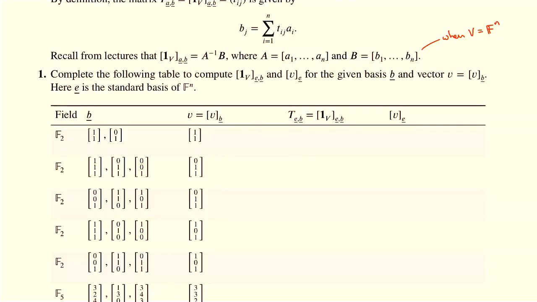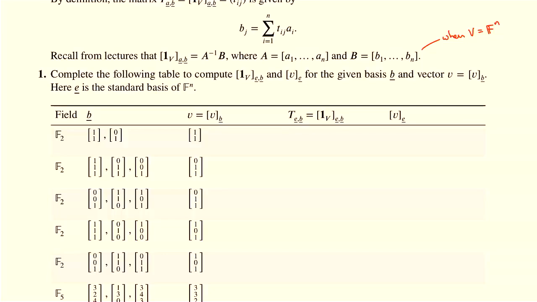What we're given is a bit confusing. We're given this vector V in the basis B. So it's 1 times that plus 1 times that. That's what it means. Just to say that again, these guys are vectors in F^n.